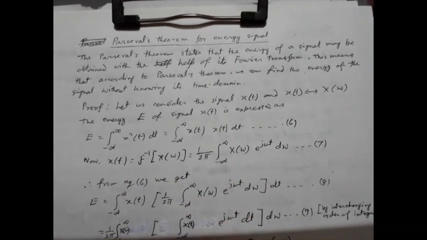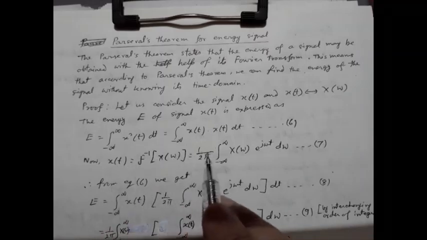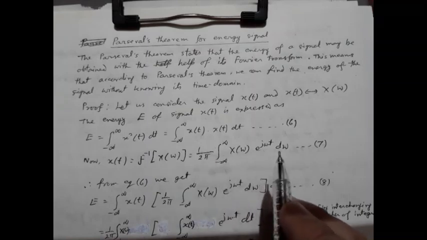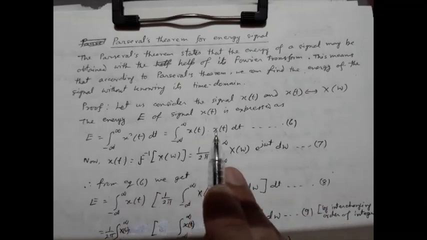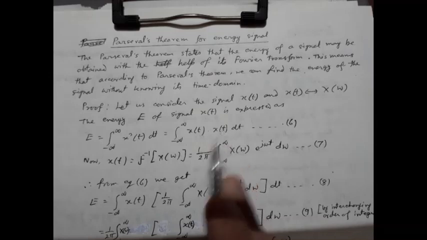Now this x square means x into x. Now x t can be written as the inverse Fourier transform of X omega, that means 1 by 2 pi integration X omega e to the power j omega t d omega. So instead of writing this x t, we will use this expression. So putting this expression for the second x, we have this.